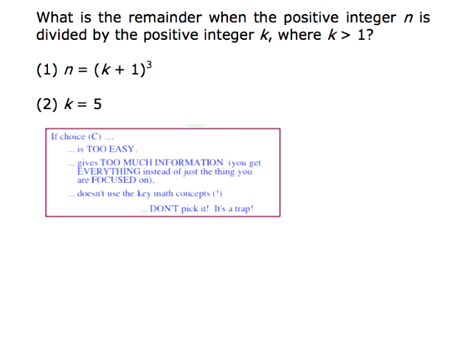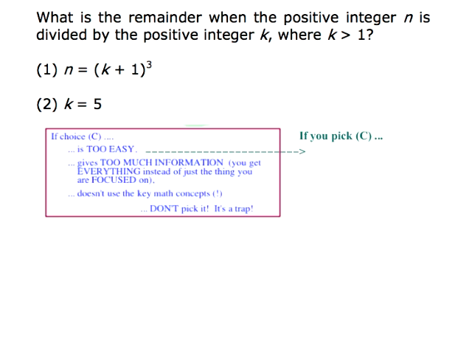Notice in this problem, if you pick choice C, let's take a look at what that involves. As far as the too easy thing is concerned, if you pick that, you're just saying, oh look, I have K is 5, and N is whatever 6 to the third is.